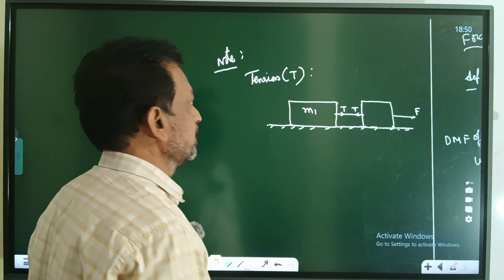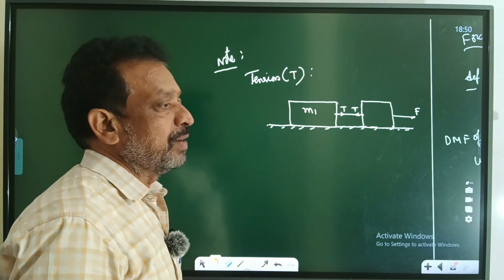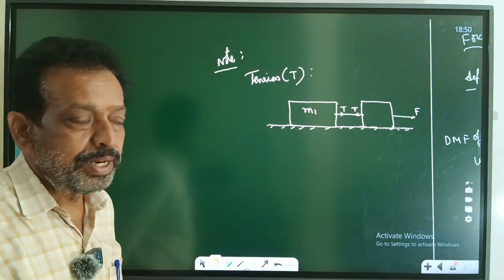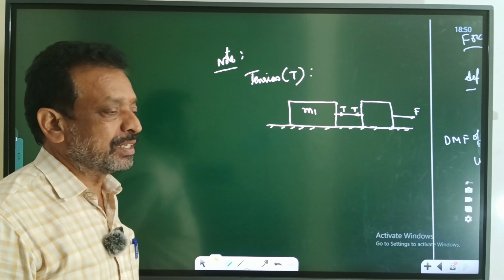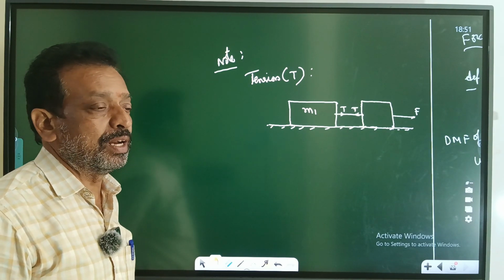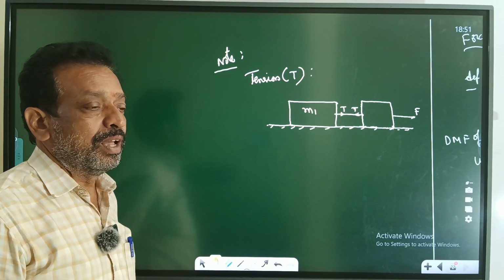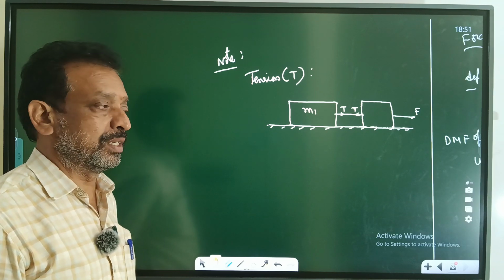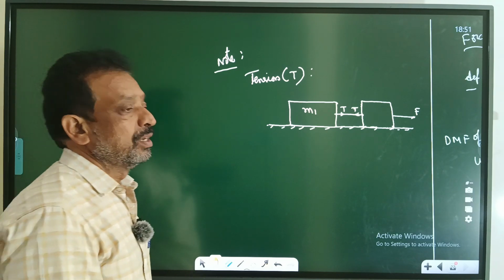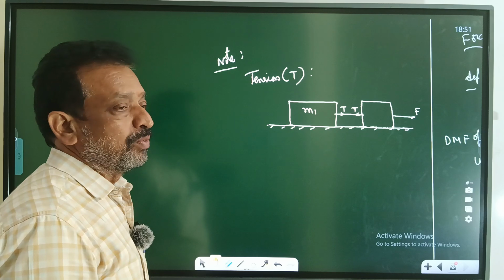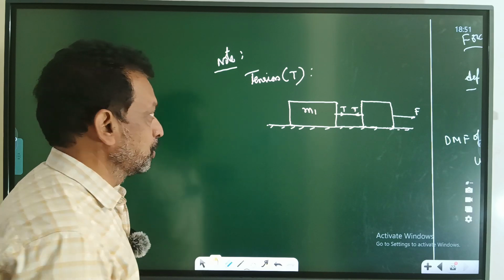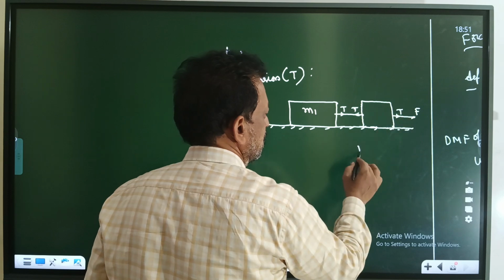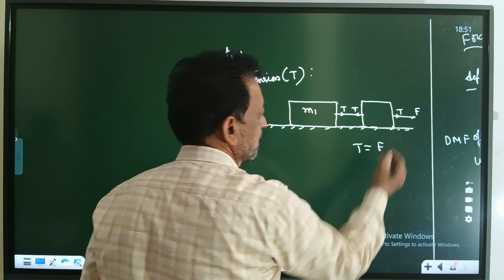Write: tension always acts away from the point of contact in the strings. Tension and force have the same units and the same dimensions, so T is equal to F here also.